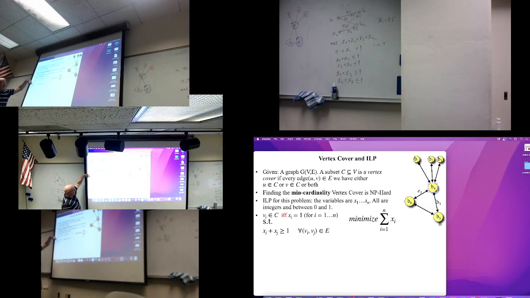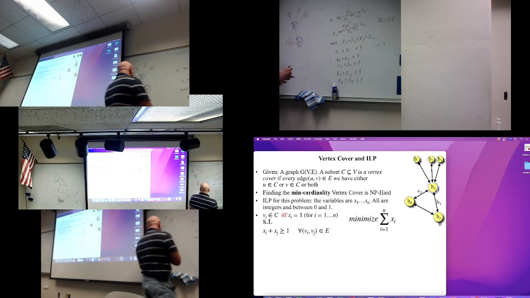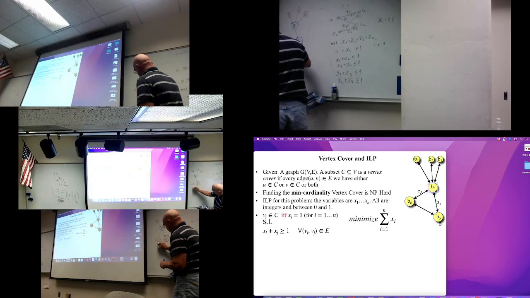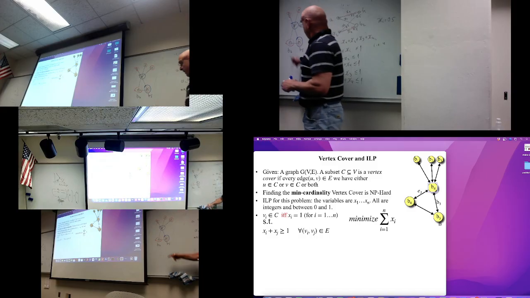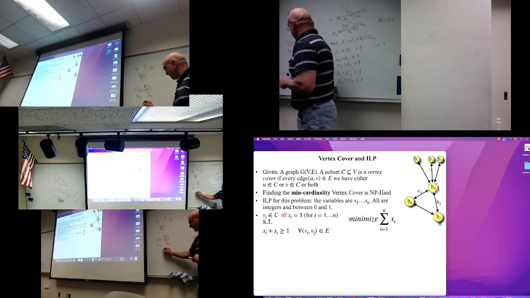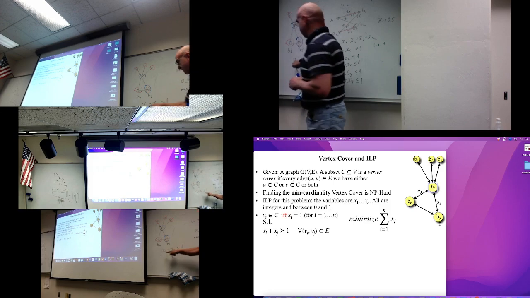What are my constraints? I'll get to the cost function in a second. Let's look at v6 and v5. In my solution, I want x6 plus x5 to be at least 1.